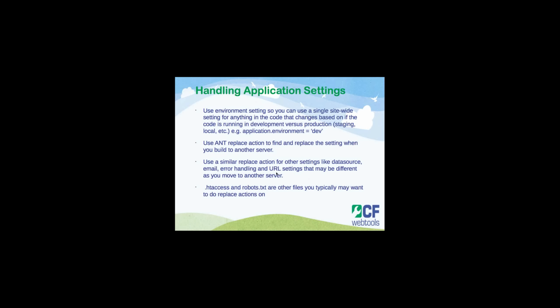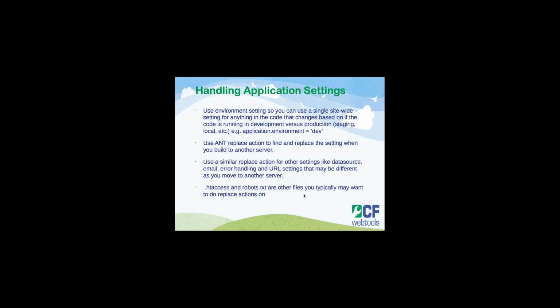And you could basically use a similar replace action for any other settings. Typically the ones that we have are settings for our data source, and email settings that we might want to be different for local dev, staging, and production. Error handling: I often like to turn off a global, application-wide error handler on local so that I can see all my ColdFusion debug information directly, whereas on the servers, I'm generally using an error handler that's going to present a user-friendly page.